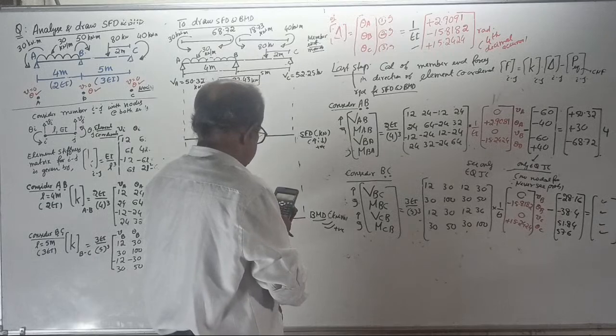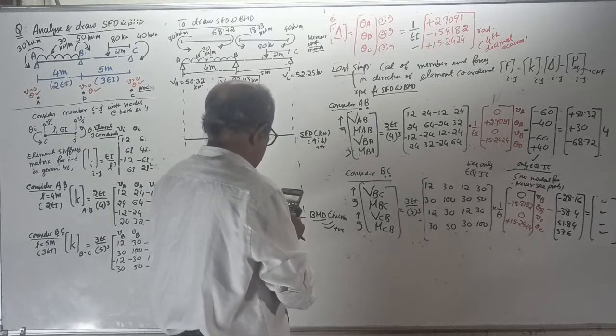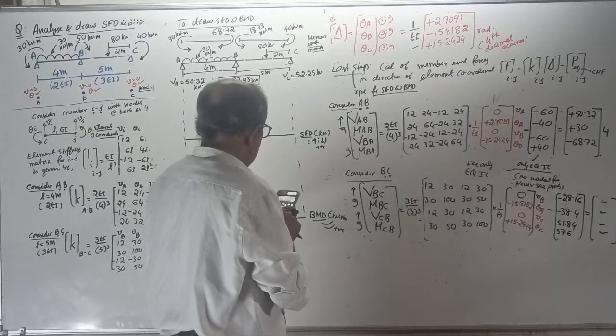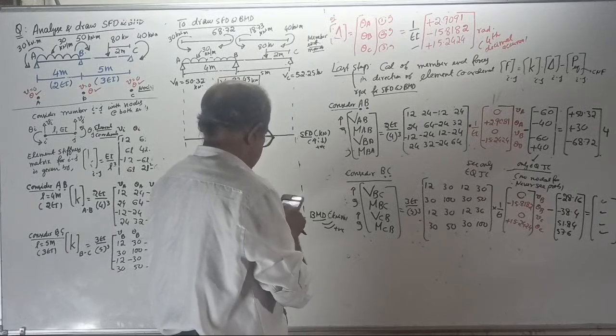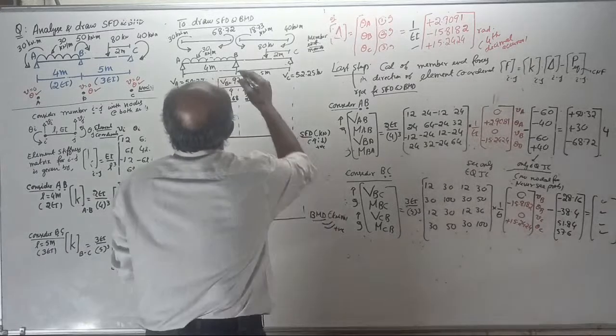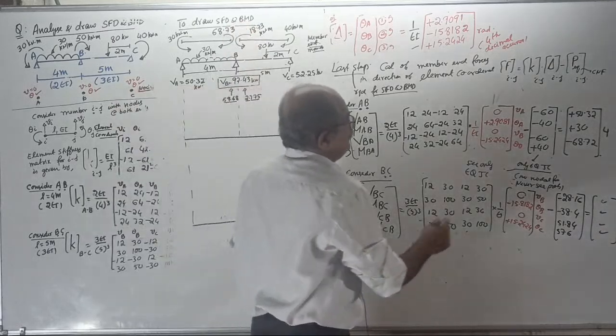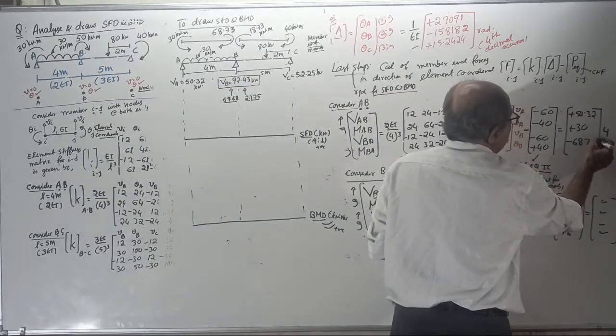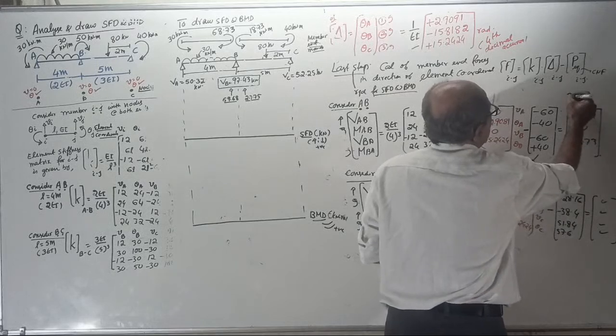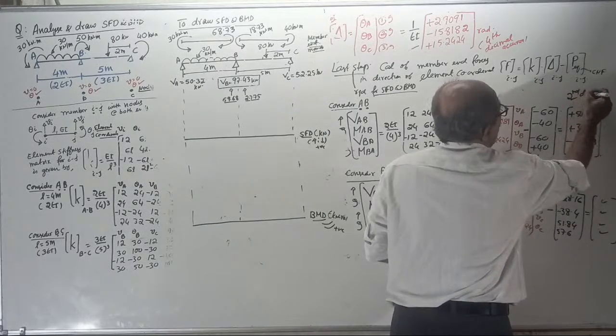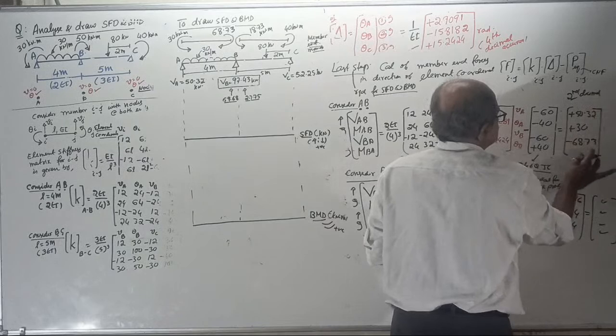That is 40, 45. 45 plus 1.5 into shift store A. 73. Usually the final answer, second decimal is sufficient.